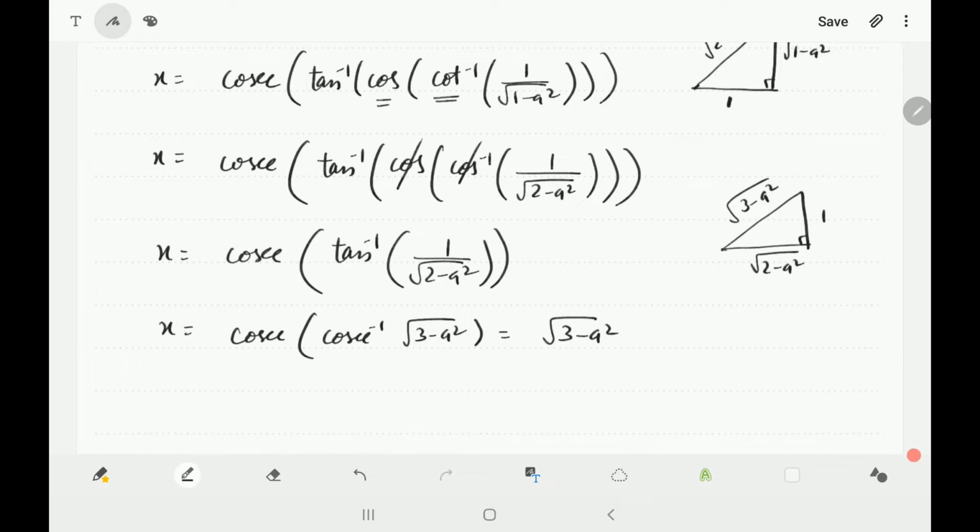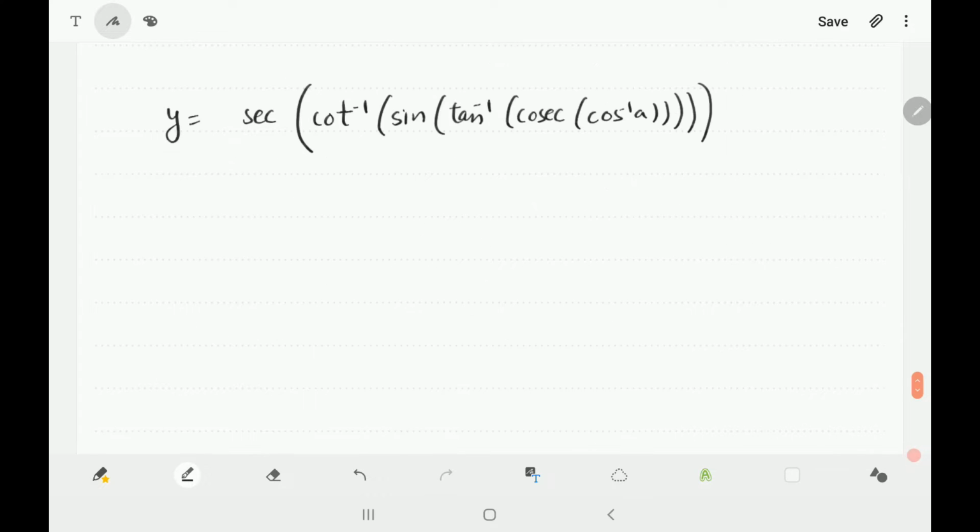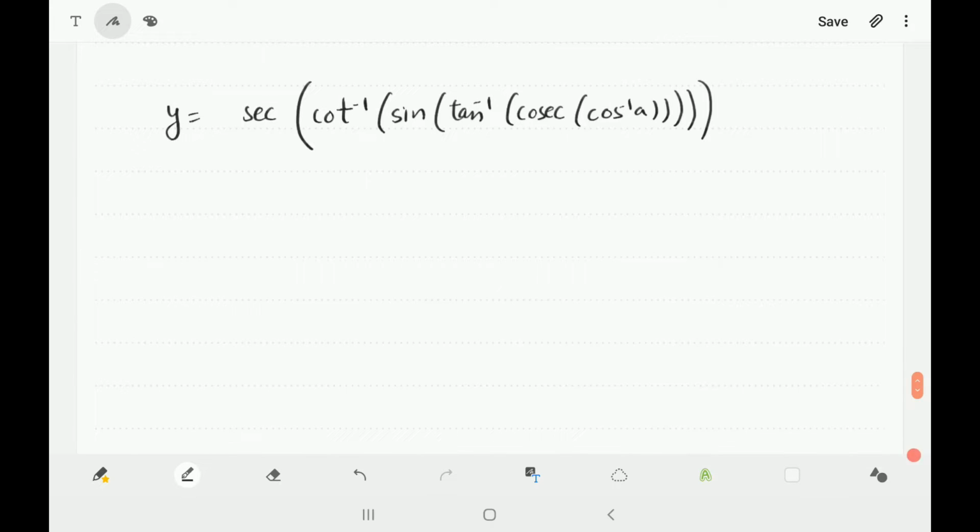Now let's simplify y. Now y is given as secant of cot inverse sine tan inverse cosecant of cos inverse a. A is already given from 0 to 1 closed interval, so it is already following the conditions of the domain. So first we will simplify this cosecant of cos inverse a. So let's consider a triangle for cos inverse a.